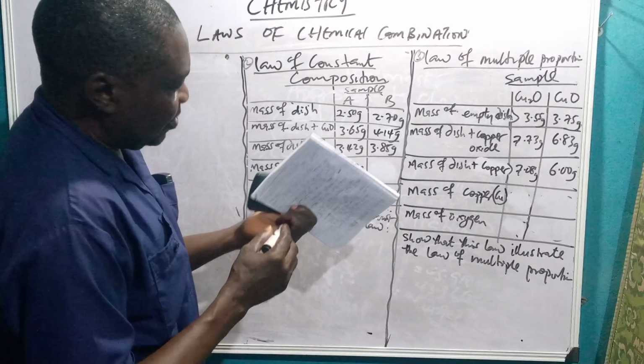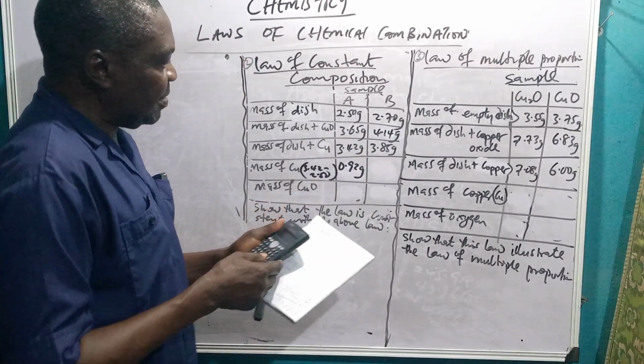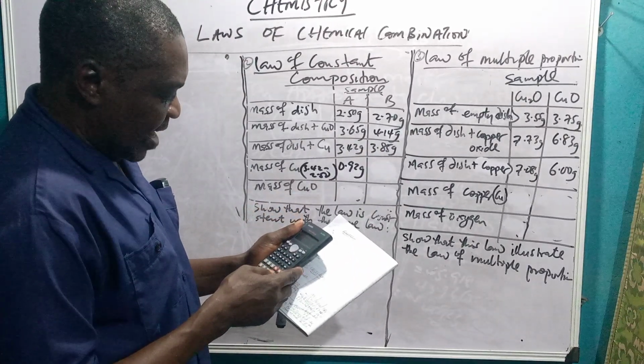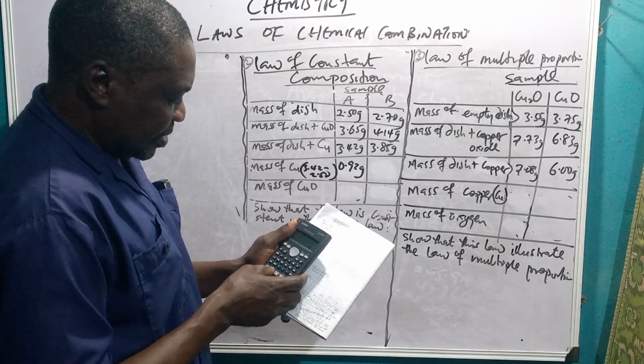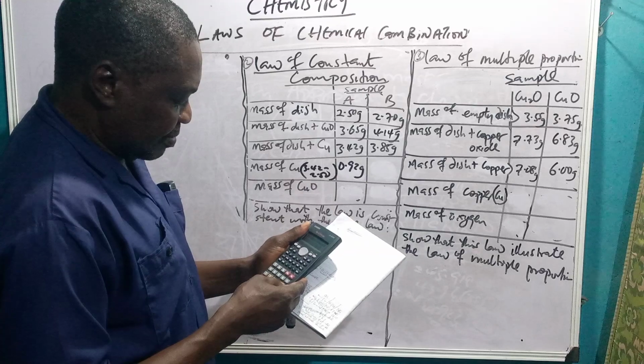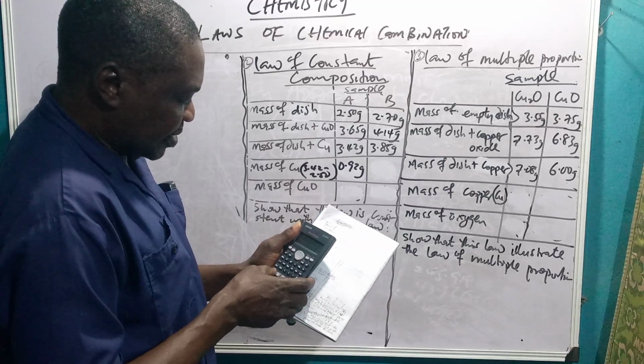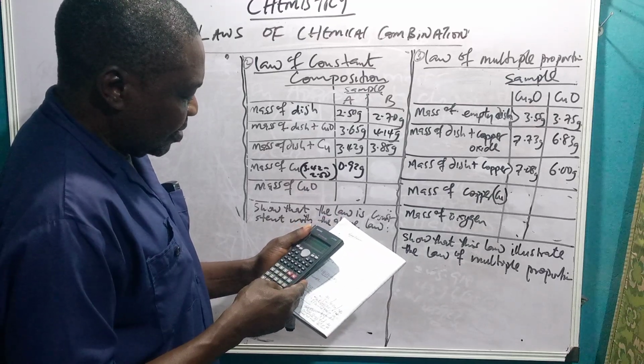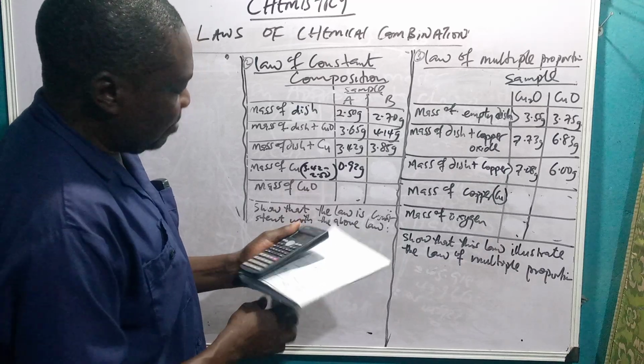Then for the second one, the different copper entirely, 3.85 minus 2.70 gives you 1.15 gram.